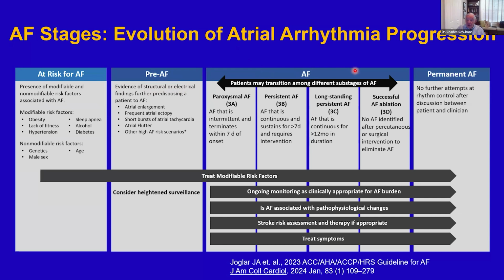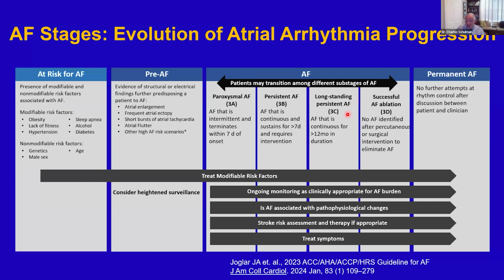Then there are the people who actually have AFib. That would be this third stage. It may be paroxysmal, that is intermittent and terminating spontaneously within a week. Persistent, lasting for more than a week and not terminating spontaneously, requiring intervention.